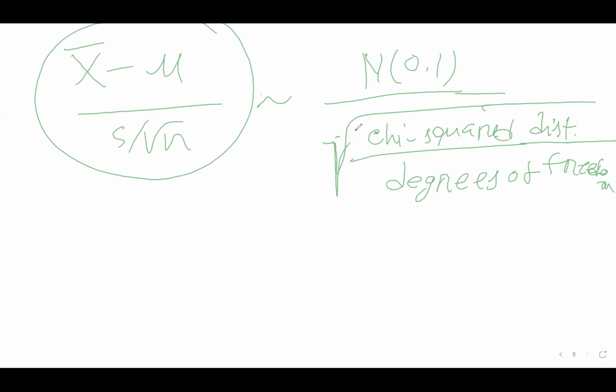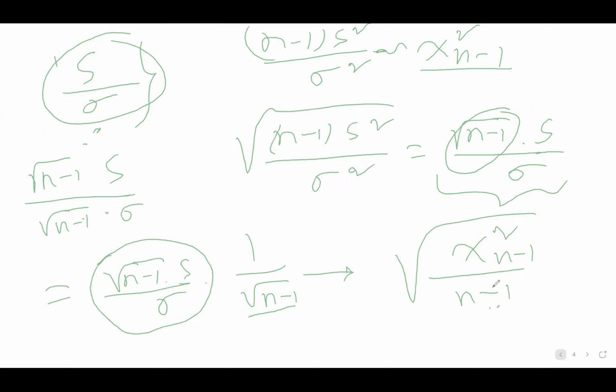And this distribution has a name which is called t distribution, and the degrees of freedom will be the degrees of freedom of the denominator. So since the degrees of freedom was n minus 1, df means degrees of freedom, or you can write t n minus 1, because from the previous page you can see the degrees of freedom was n minus 1.